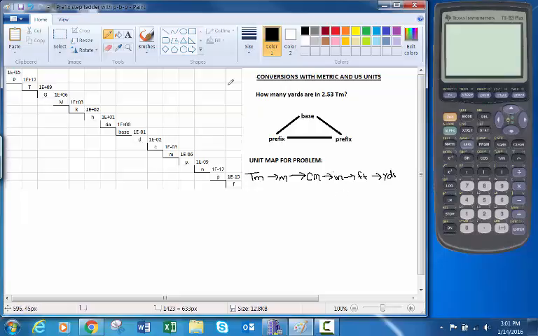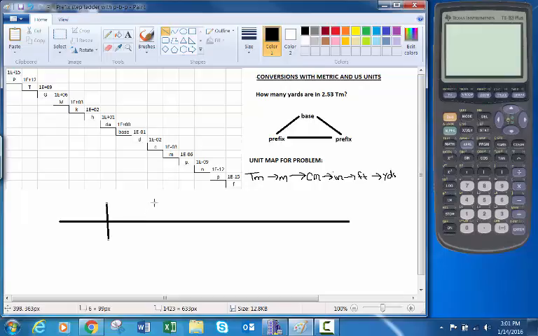As we said before, this is a conversion problem. So that means that we need to come up with or write out a conversion table. And since this is a very long conversion, we're going to make a very long conversion table. Our first conversion we know is going to be from terameters to meters.